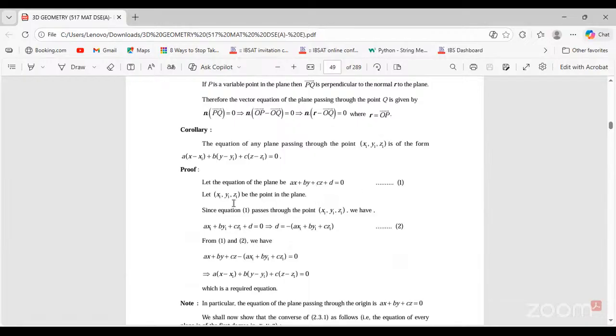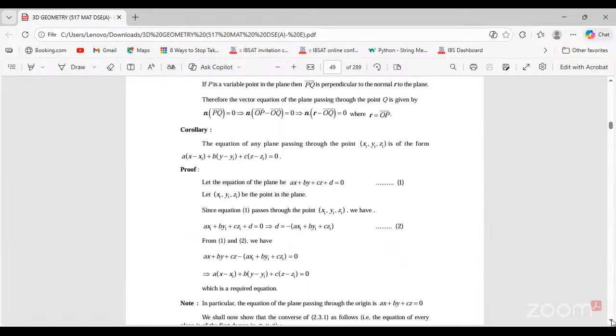Let any point P of x1, y1, z1 be a point on the plane. Now we substitute this point into the equation ax plus by plus cz plus d equals 0. Then equation 1 becomes ax1 plus by1 plus cz1 plus d equals 0.